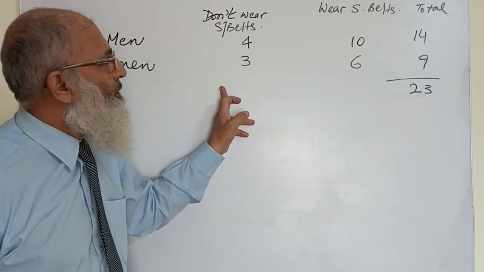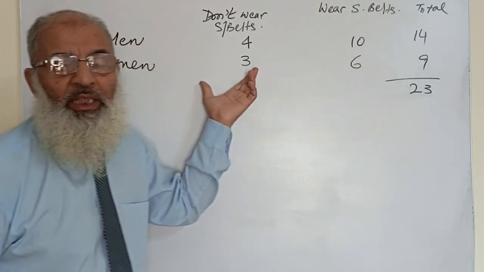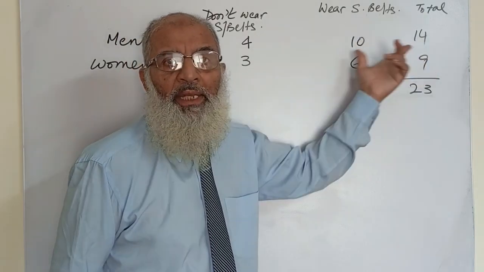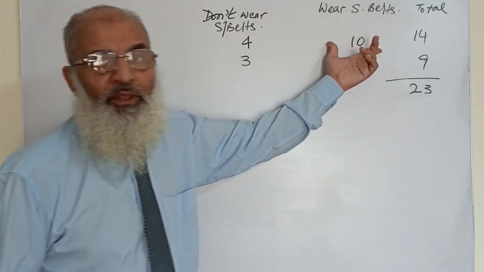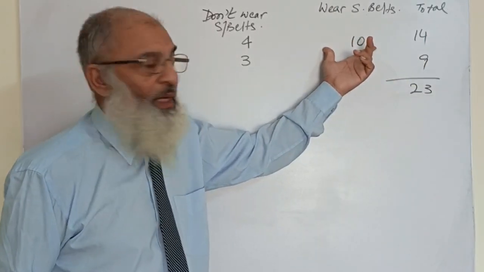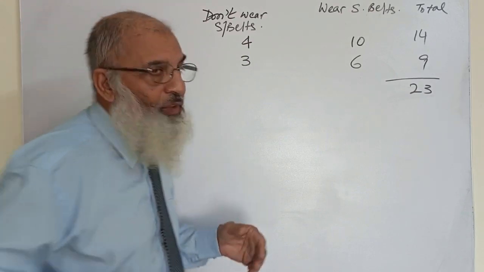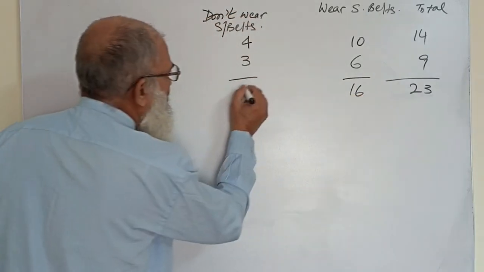And out of 14 men, 10 were wearing safety belts and 4 were not wearing the safety belts. So we can also have a total over here, 16 and 7.